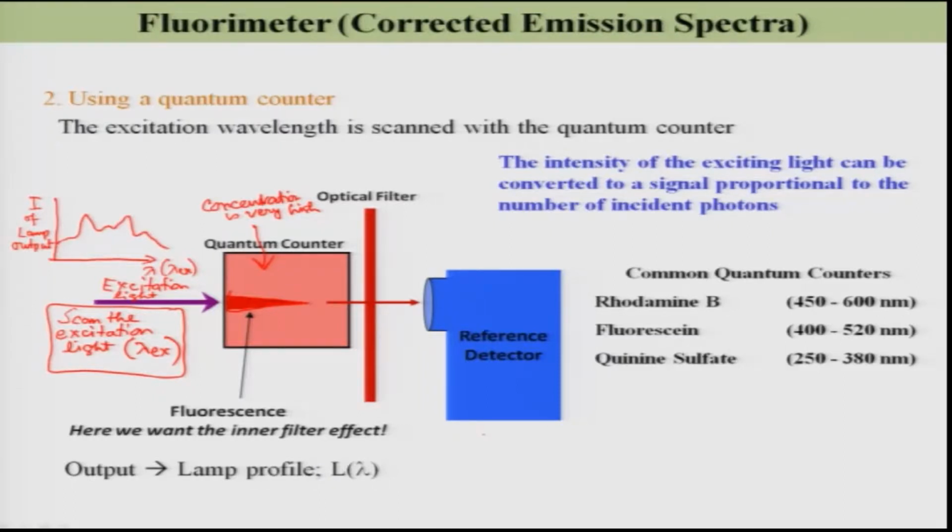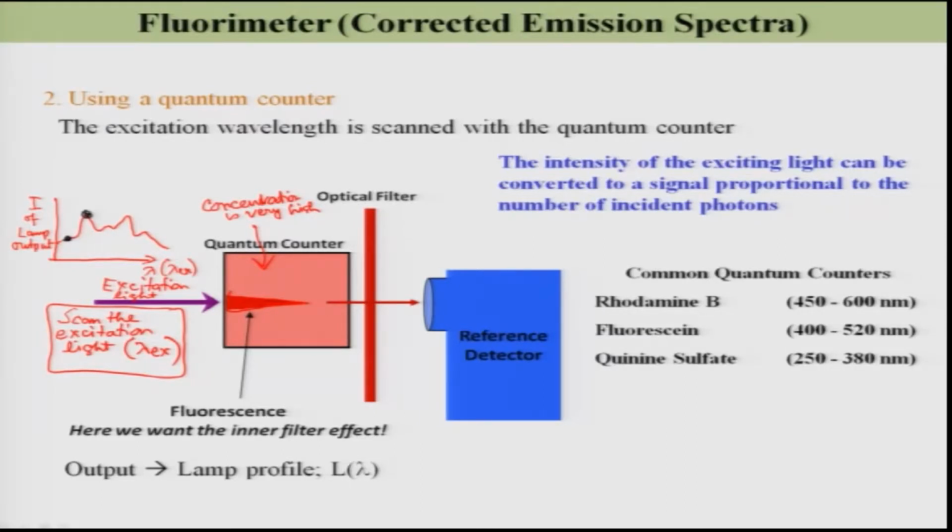So when you use this lambda excitation, the total intensity observed by this quantum counter system will be less compared to when you use this much of intensity at this wavelength. As you change this wavelength, the total intensity coming out of this quantum counter will vary that way, isn't it.